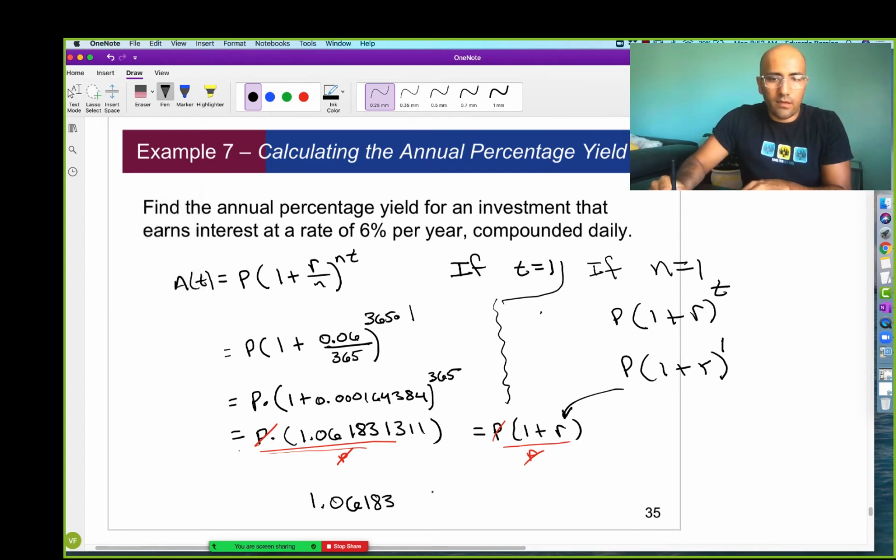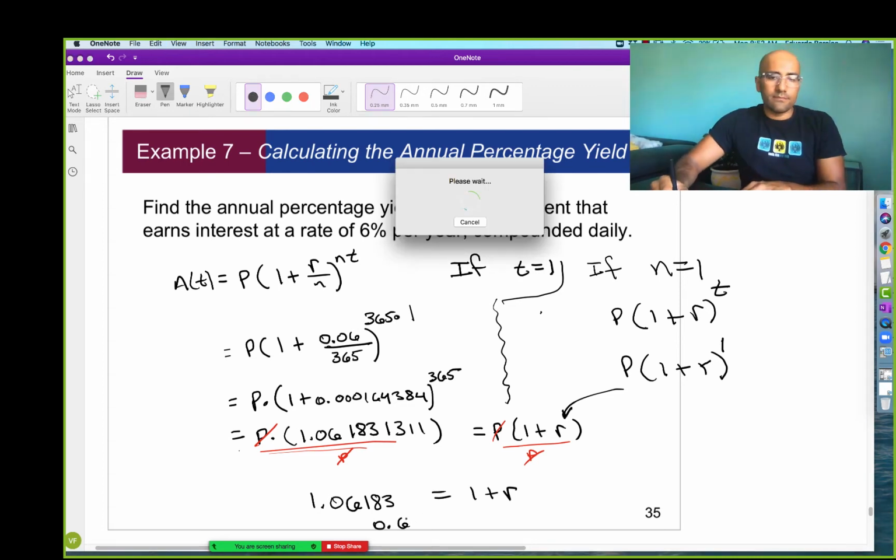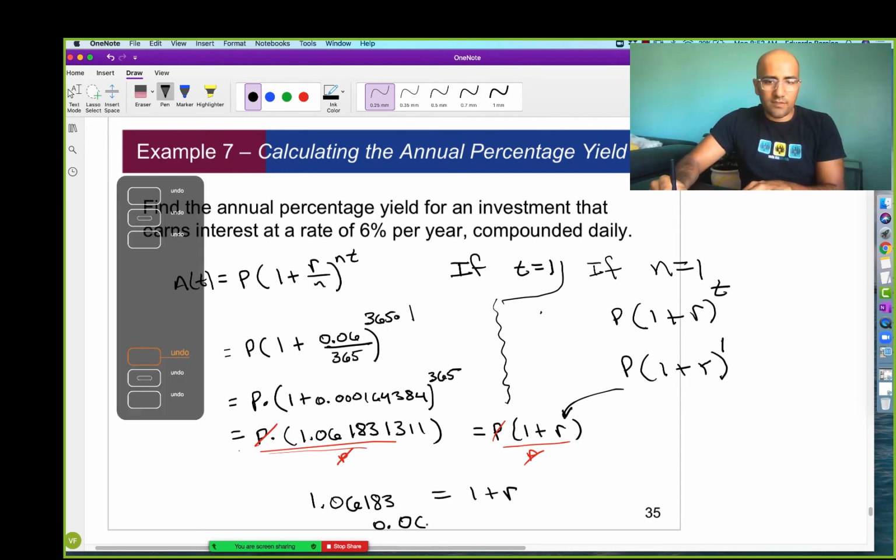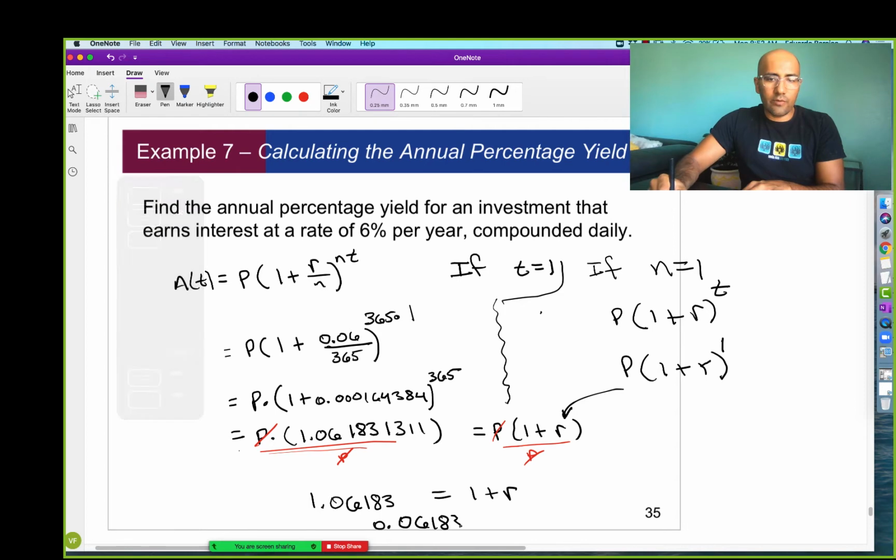1.06183 equals 1 plus r. So if we subtract 1 from both sides, we get 0.06183 equals r.